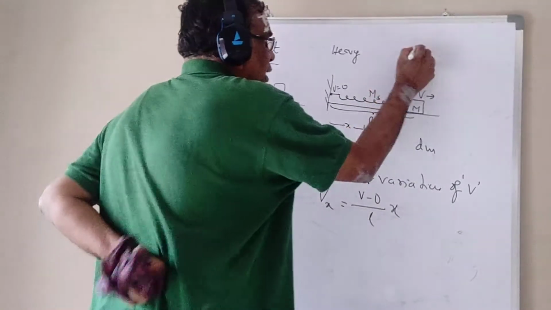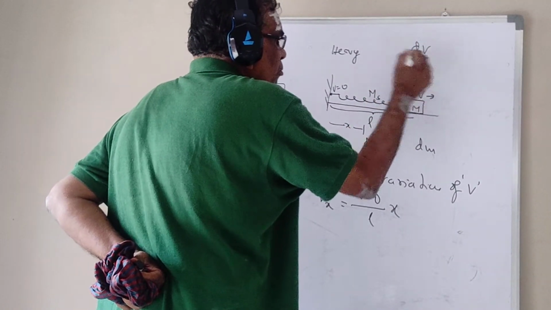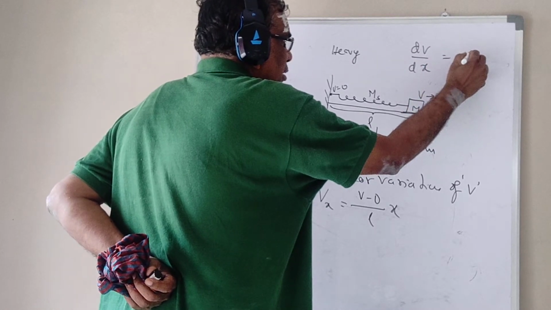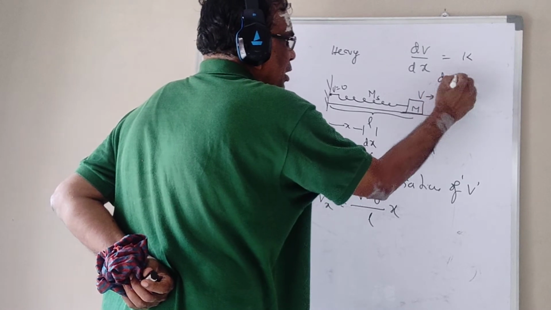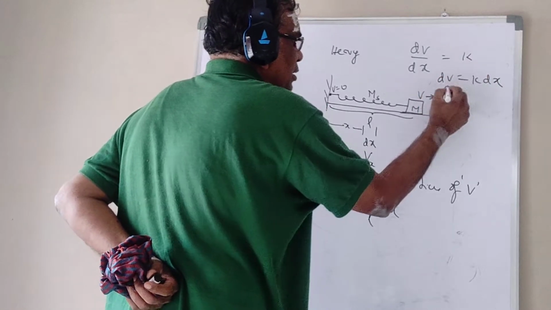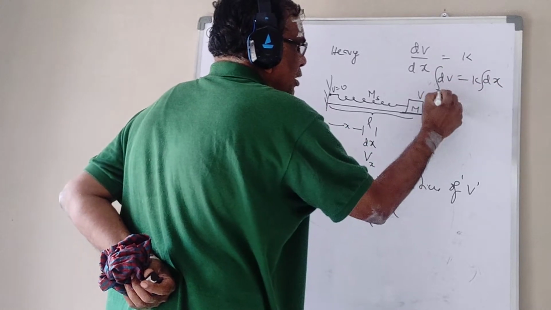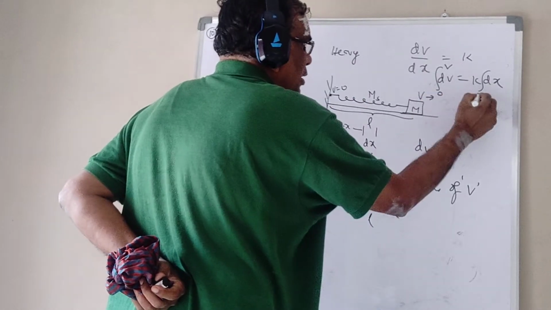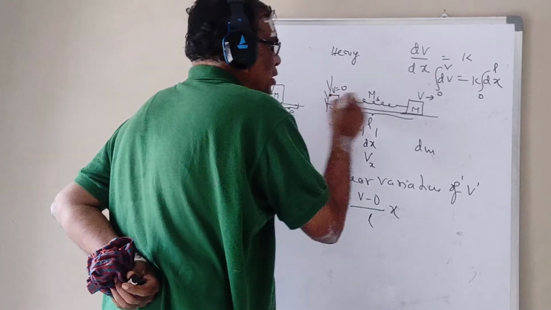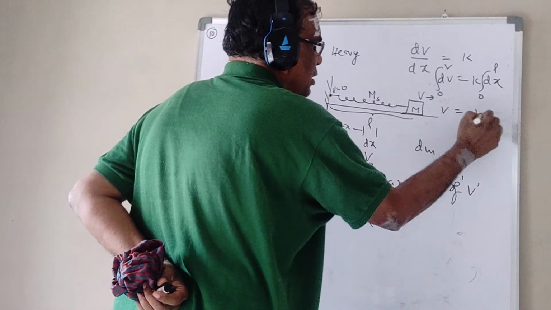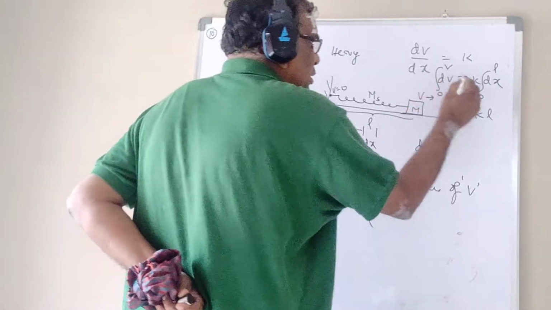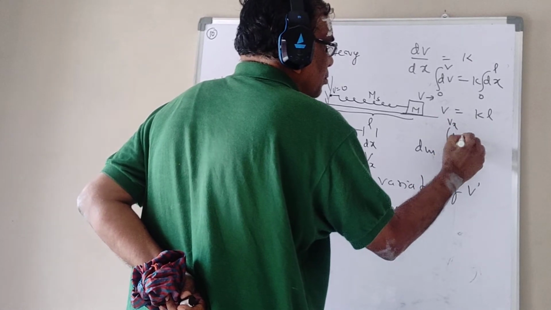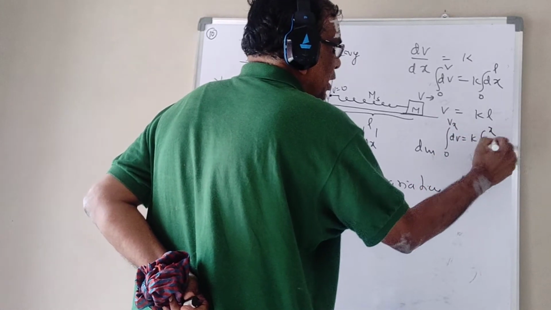In fact, you know how you get that. dv by dx, let us say that is a constant, or dv is equal to k dx. Integral dv, you start from, say 0 to v, and this is 0 to L. So what do you get? V is equal to KL. But the same thing if I take from 0 to Vx, then this will be 0 to x.